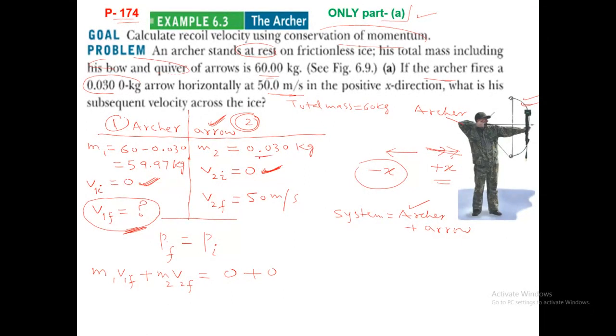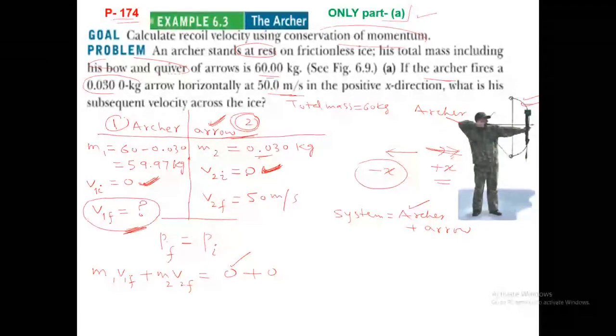So this is the mass of the arrow. The mass of the archer is 60 total minus this one. Now the initial velocity of both is 0, so initial momentum for this man will be 0. Similarly, initial velocity for the arrow is 0, multiplied by this mass, again you will get 0.